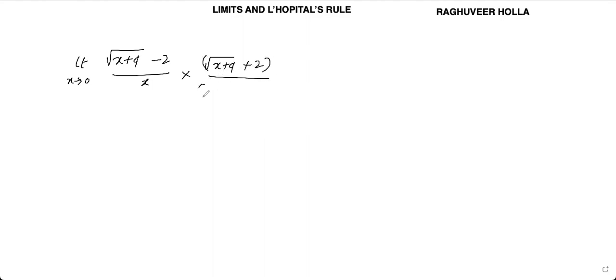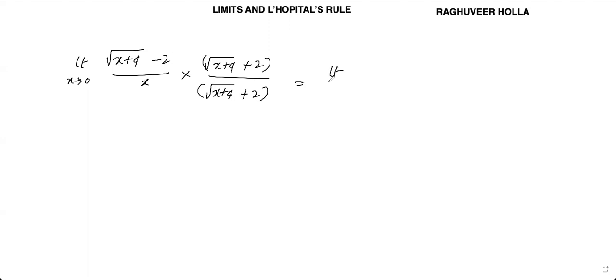Now, let us apply limit x tends to 0, square root of x plus 4 minus 2 divided by x. Let us multiply by the conjugate, that is square root of x plus 4 plus 2, and divide by square root of x plus 4 plus 2.